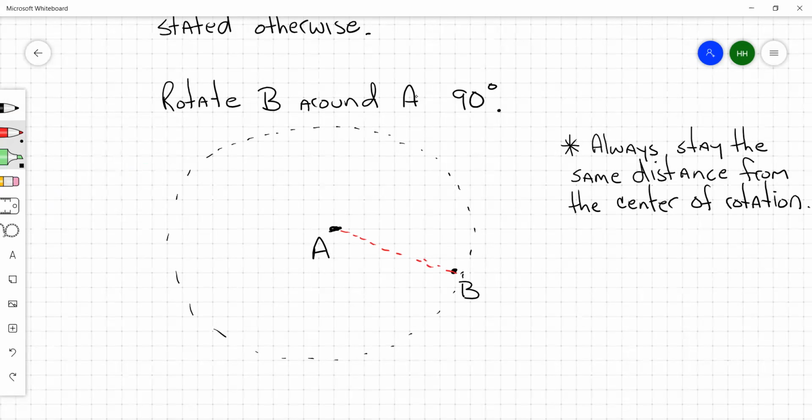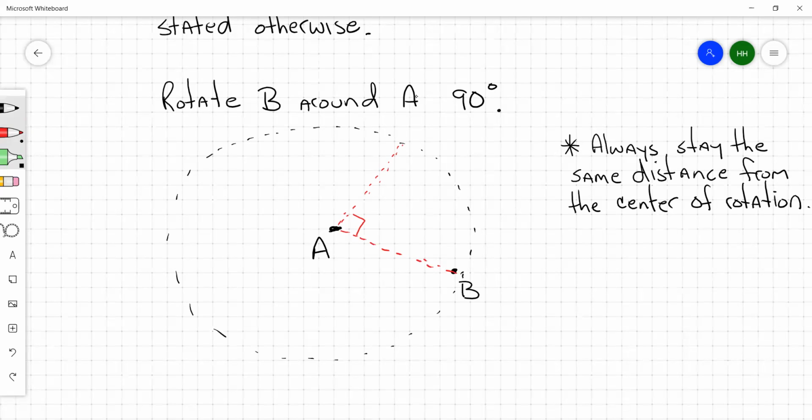Now, if we're rotating B around point A 90 degrees, we want to draw another line that forms a 90-degree angle with the red line. And since all rotations are counterclockwise unless otherwise noted, doesn't this look like about 90 degrees right here? About a quarter of the way around the circle.